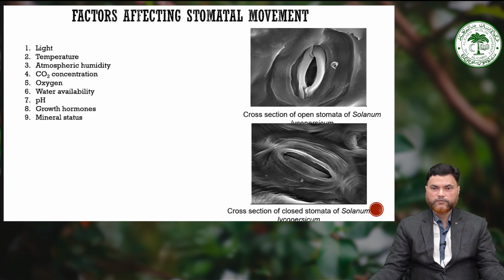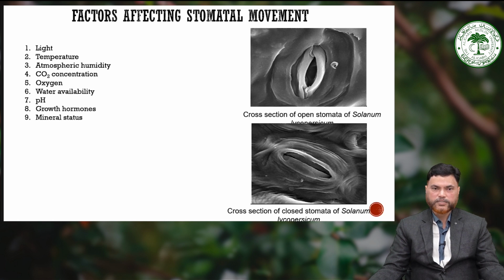These pumps actively transport potassium ions into the guard cells from surrounding cells, creating a higher concentration of potassium ions inside the guard cell. This increase in potassium ions inside the guard cells creates an osmotic gradient that causes water to move into the guard cells, leading to their swelling and ultimately resulting in opening of the stomata.